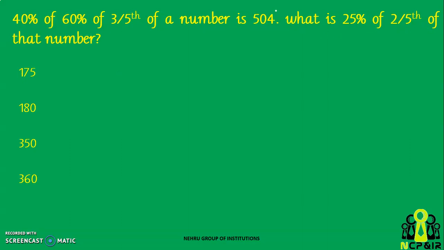So now let's take the first part of this problem. It's given 40% of 60% of 3/5 of a number. Okay, let me write it here. It is 40/100 of 60/100 of 3/5 of a number, that is x, is equal to 504.